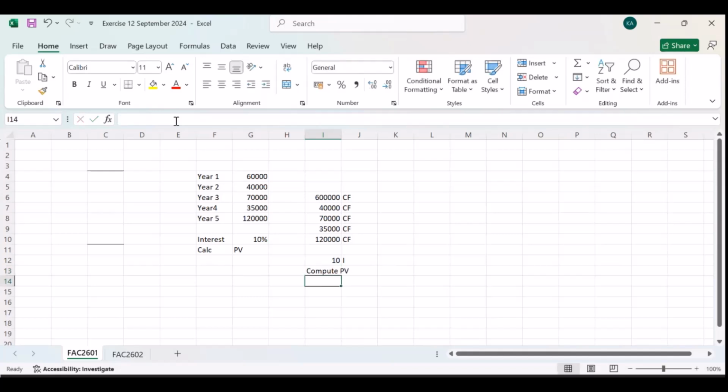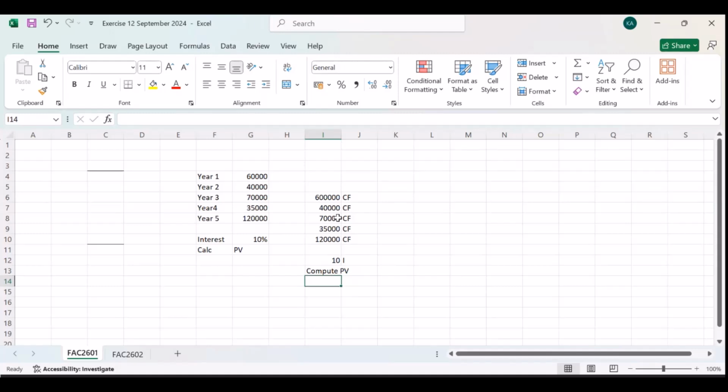Compute PV, and you should get the present value. This is a scenario where you have irregular payments, in this case 60 and 40 and 70 and 35 and 120. The payments are not all the same.